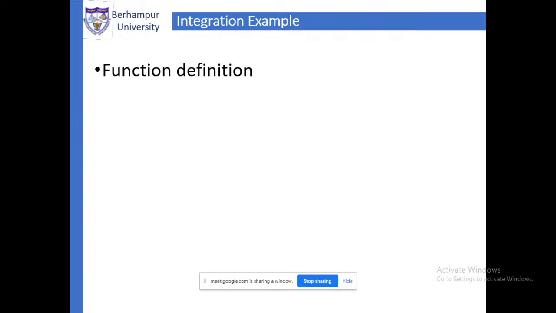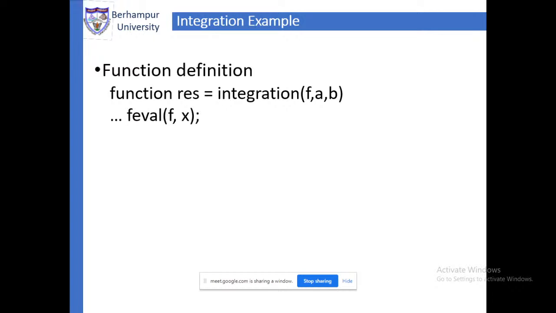Then let us go to an integration example. Let us start with a function definition. Function res is equal to integration f a b. Res is short form for result. That is what we are using here. So integration will be integrating the function f from a to b, and the result will be the output.